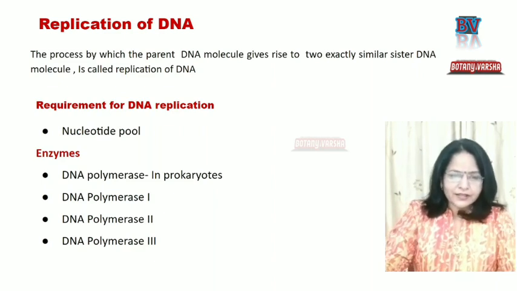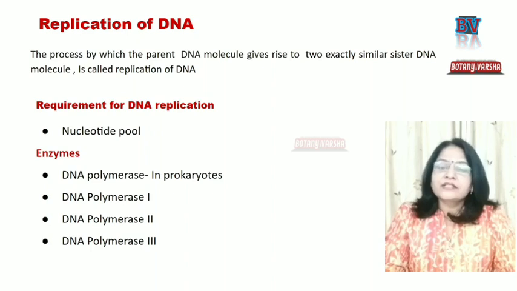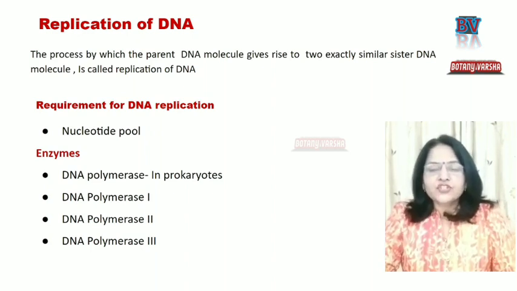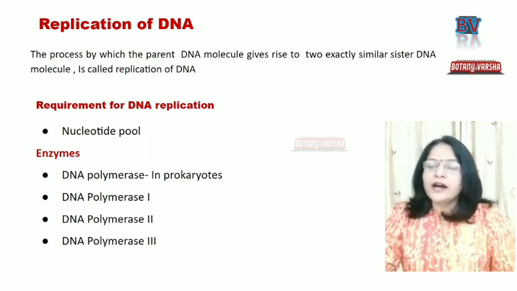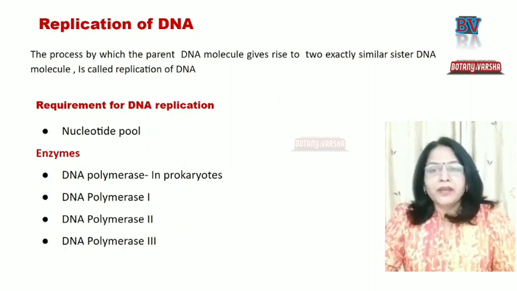Next thing is enzymes. Different types of enzymes are required during this process. DNA replication is a highly enzyme dependent process. There are many enzymes involved in DNA replication, and DNA polymerase is the main enzyme.